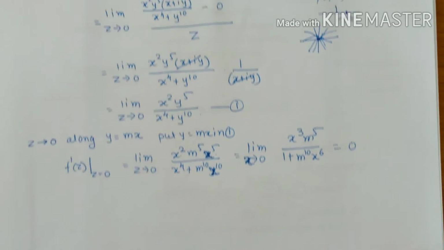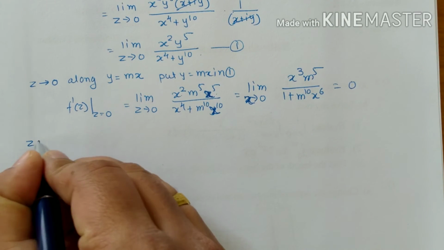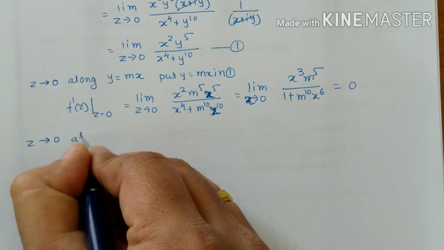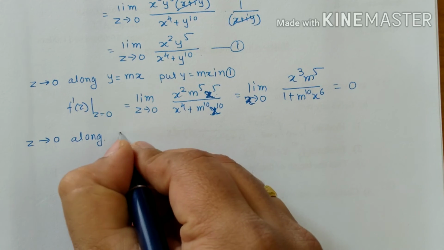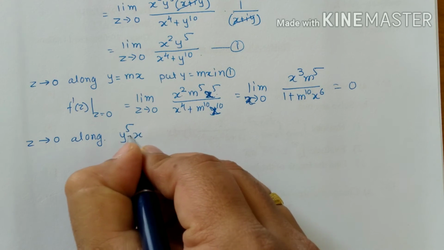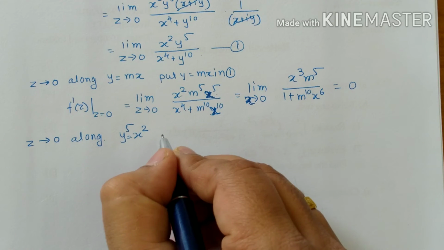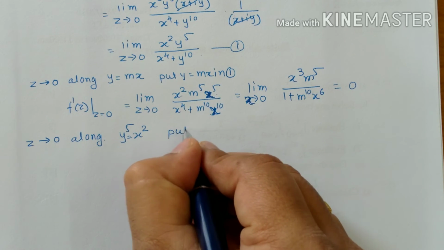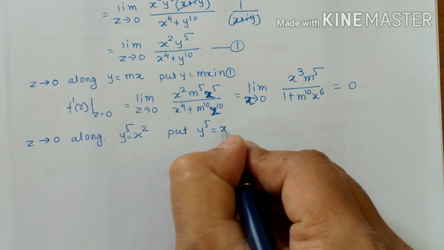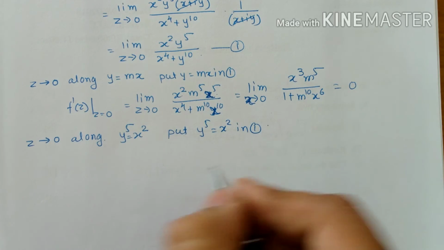Now I will choose another path. z is approaching 0 along the curve y raised to 5 is equal to x square. Therefore put y raised to 5 is equal to x square in equation number 1.